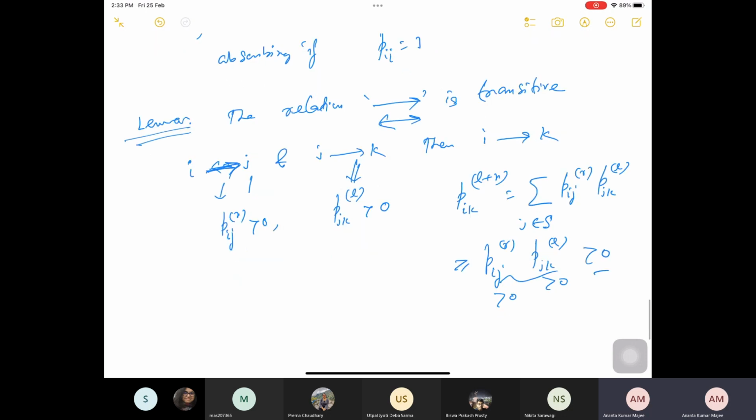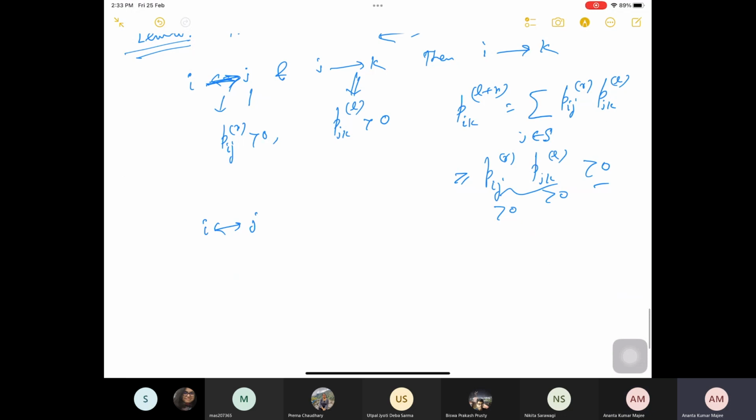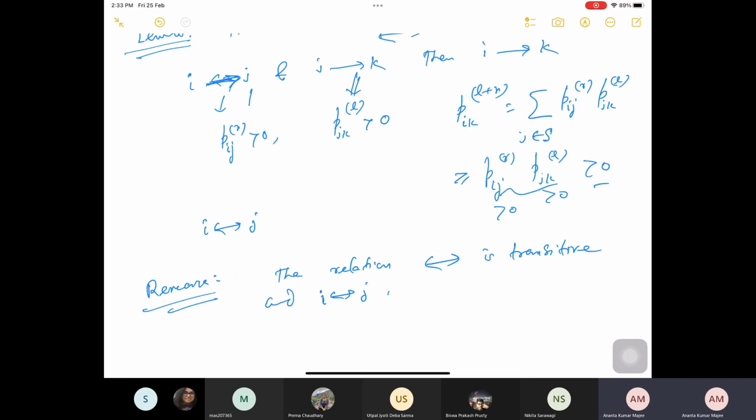Not only that, you can check that this communication relation is actually an equivalence relation over S. So as a remark, the relation is transitive, and if I and J communicate with each other, this relation is an equivalence relation.